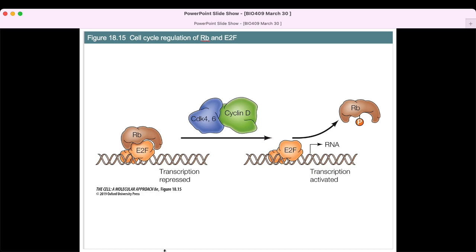And so E2F is huge in that transition. When we say the light is green, there are changes, and this is a big player, right? So look at this. What is retinoblastoma doing? It's blocking it until that CDK is active.